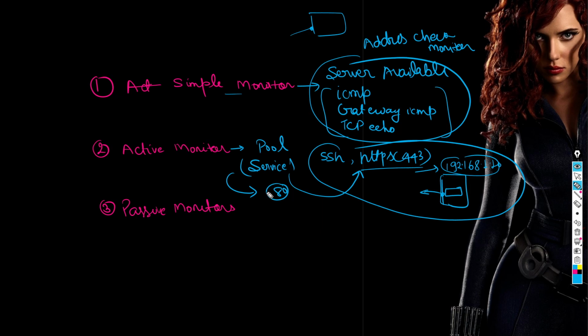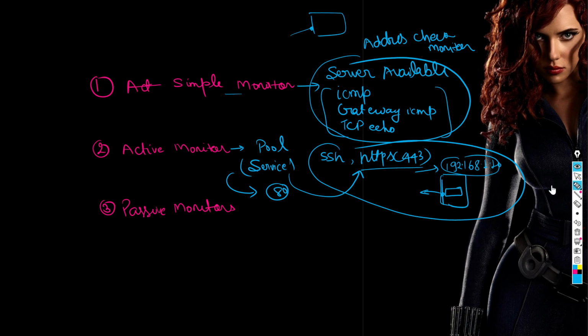Okay, another type is our passive monitors. Passive monitors are a little bit slow, because the monitoring checks the health of a pool member based on a specified number of connection attempts, or data request attempts, that occur within a specified time period. For example, the server is not able to serve more requests, right?